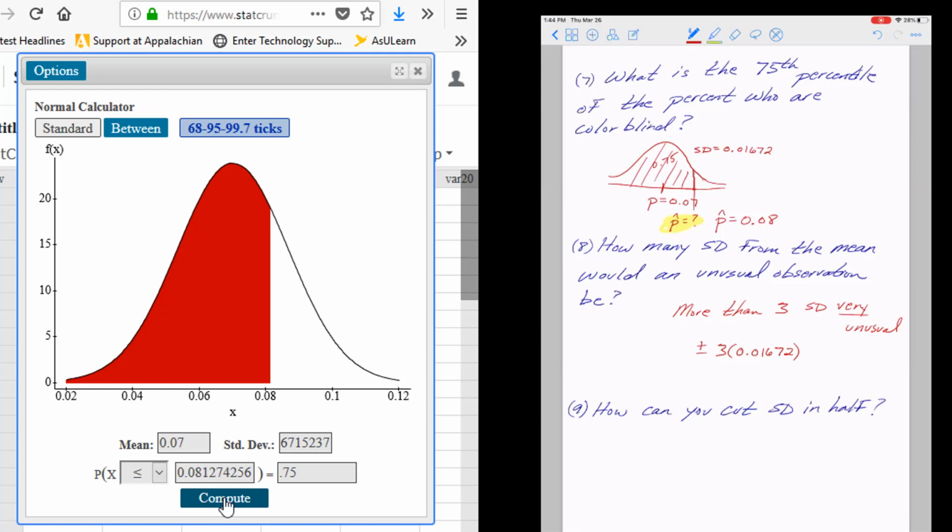So 0.07 subtract, I'm going to say second answer on my fancy calculator. I'm getting a low end of about almost 2% actually. Okay, so that's anything below about 2% would be considered very unusual.